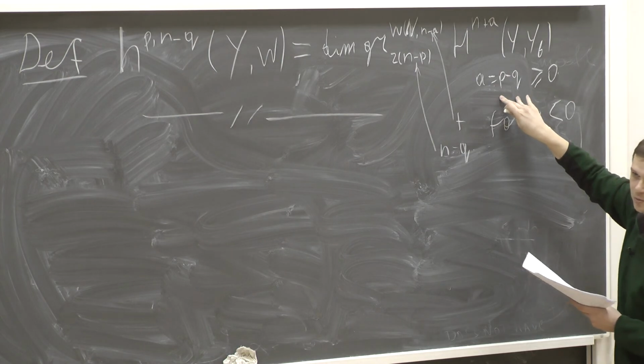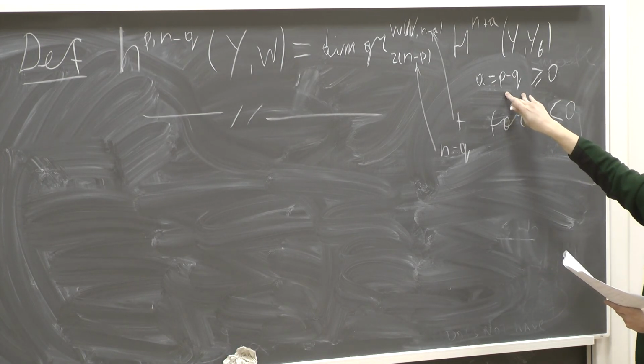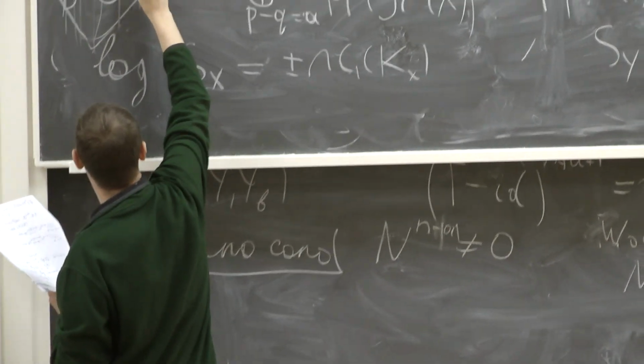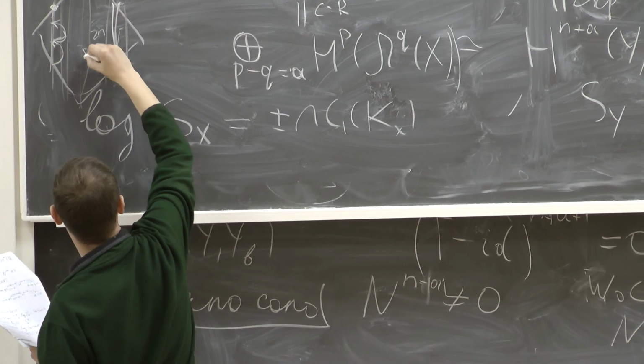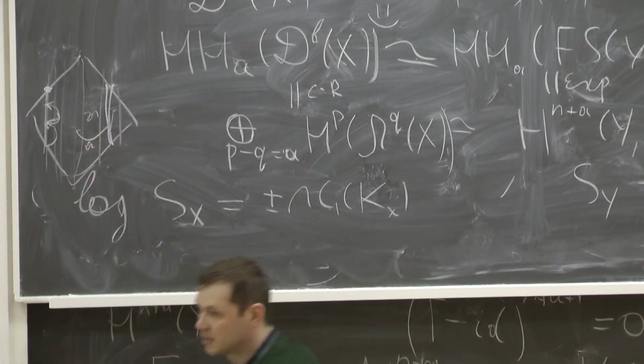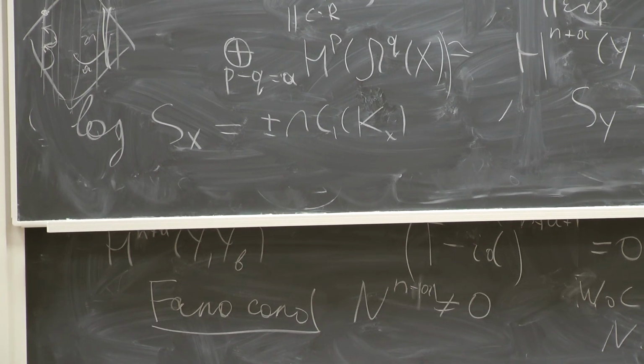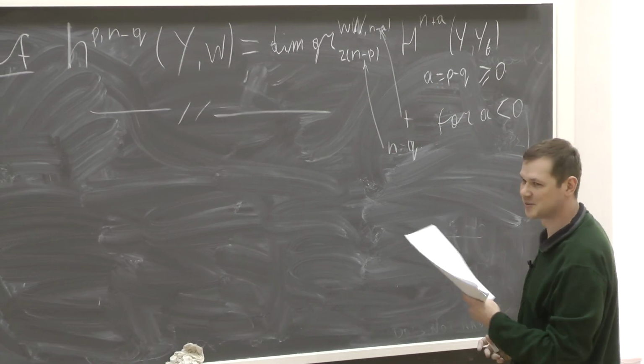A is the difference between p and q. So a, in these terms, is this distance. I don't know, maybe it's not very well visible from there.